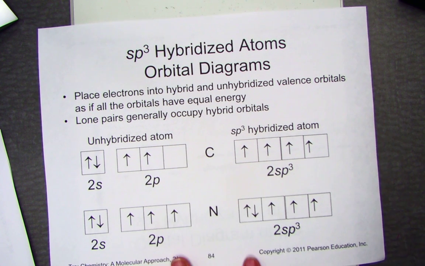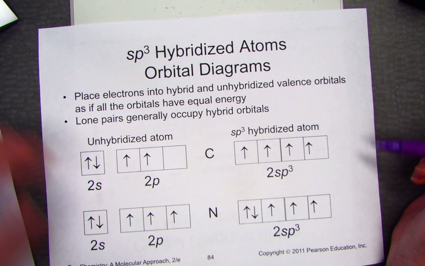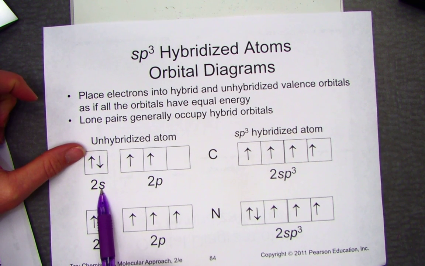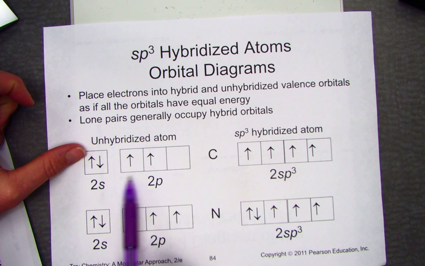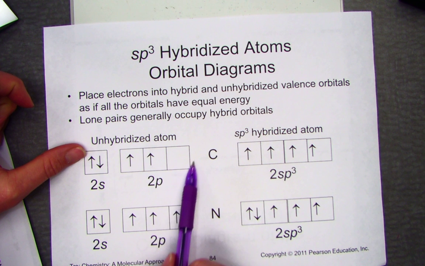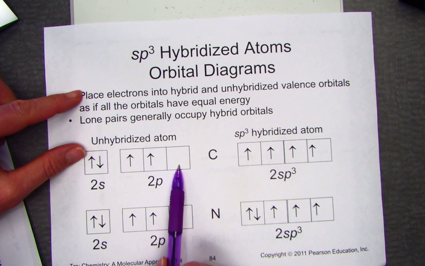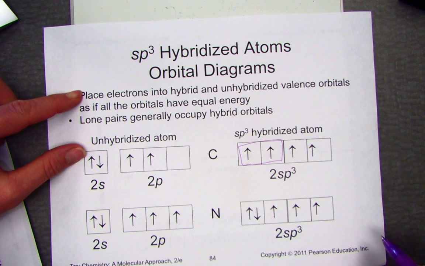In an sp3 hybridized atom orbital diagram, another picture of the same idea. Originally, an unhybridized carbon atom would have 2 electrons in the S sublevel, 2 more in the P sublevel, leaving an empty energy level. Who wants an empty bedroom in the house? Let's let them spread out. These 2 remained the same.